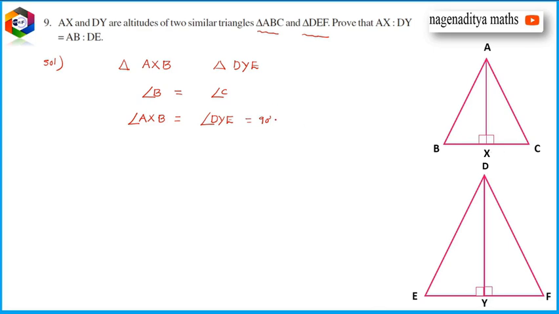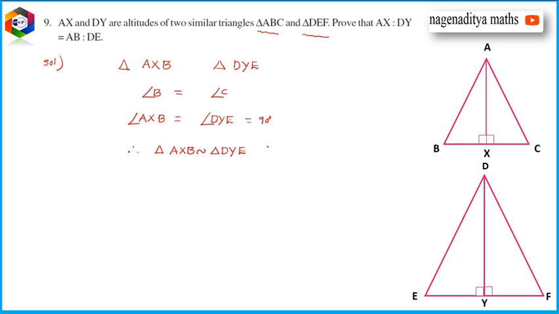So both angles are equal. So in both triangles two pairs of corresponding angles are equal. Hence the two triangles must be similar as per AA criterion of similarity. Therefore triangle AXB is similar to triangle DYE.